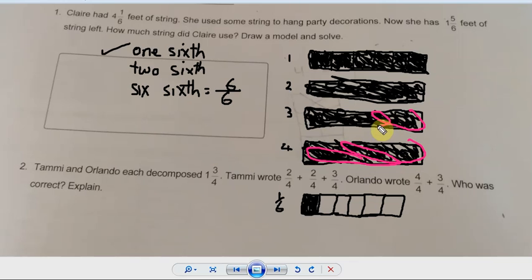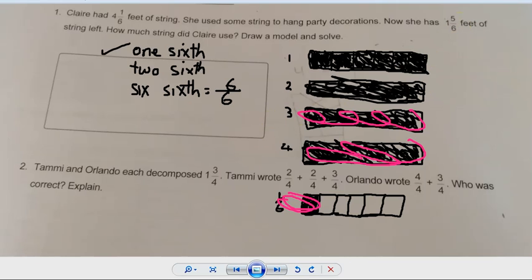She used up all of that. She used up all of this here, the 1/6, and she has a little less than 2 left. She has 1 and 5 out of 6.